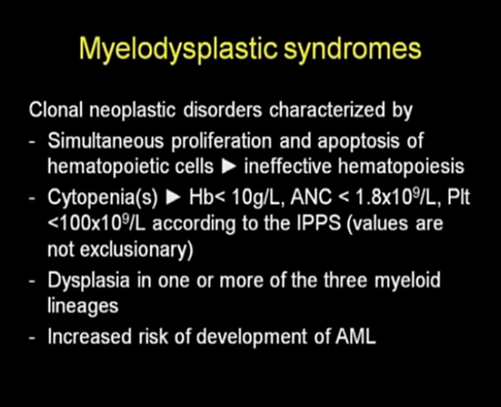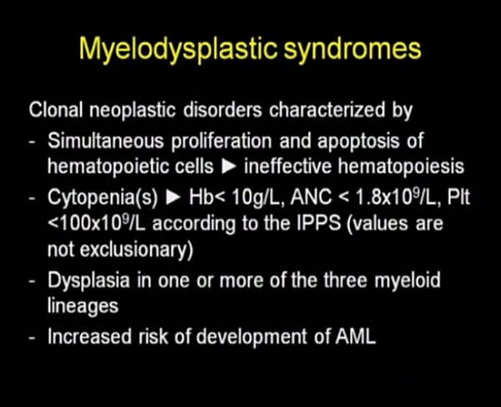Hemoglobin less than 10 grams per deciliter, neutrophils less than 1.8 per liter, and platelets less than 100 per liter. But this is important, these thresholds are not exclusionary, and we will see some cases in detail.